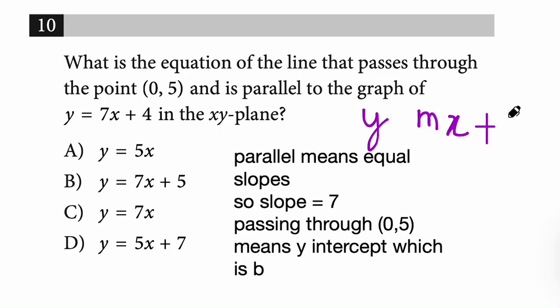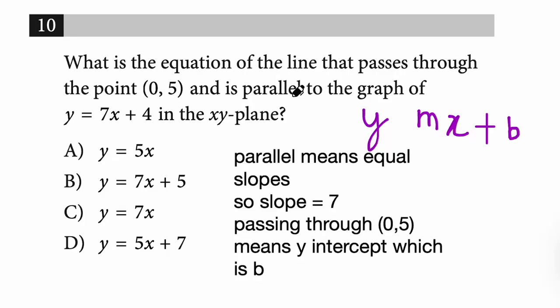I am learning to take the challenge. Perfect. Now b is the y-intercept, so that means 5. If I go with the options, only B is showing b as 5. So I have already selected the right answer, but let's cross check it.